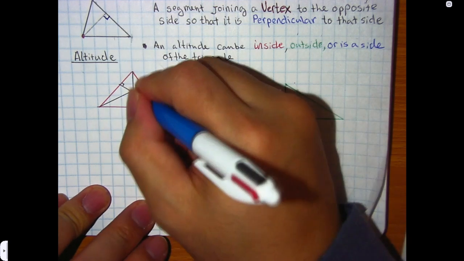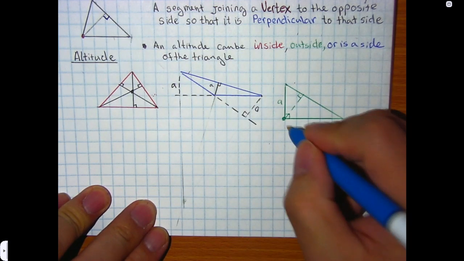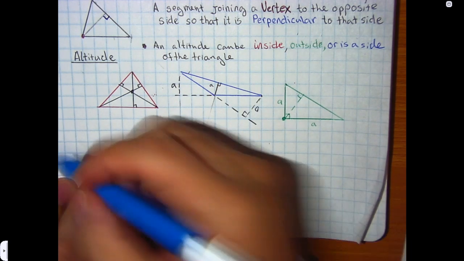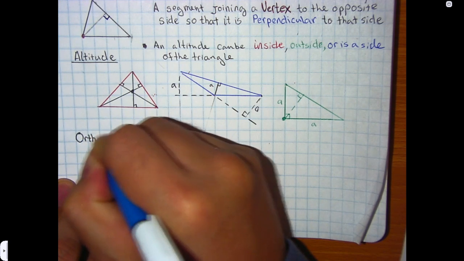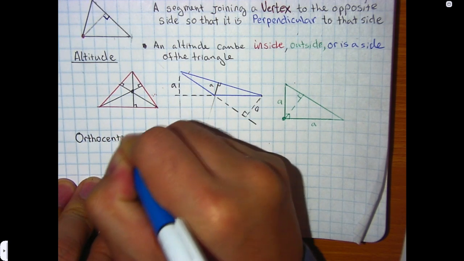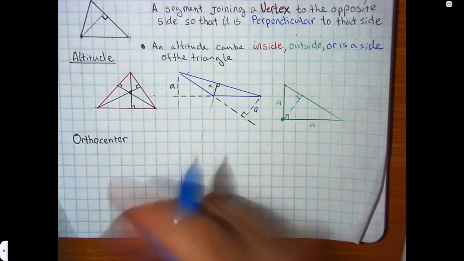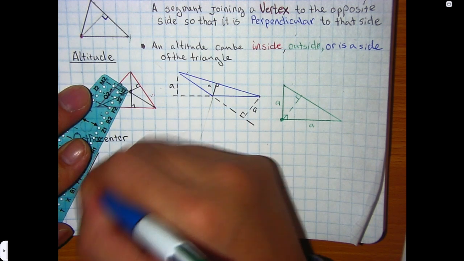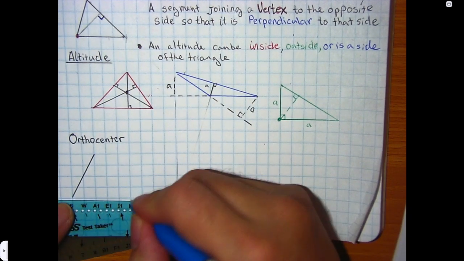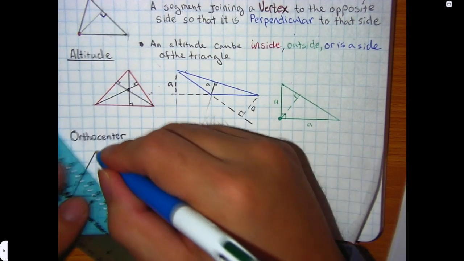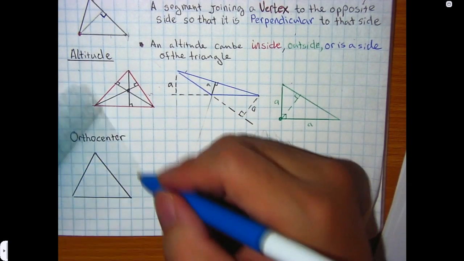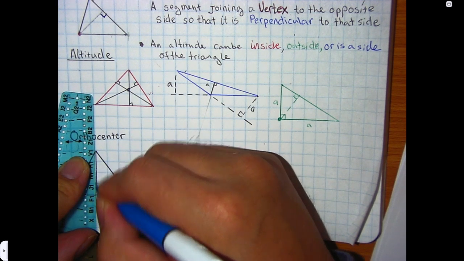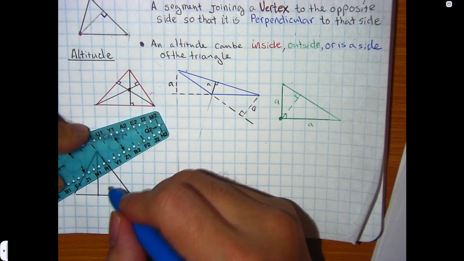And where these altitudes intersect, this is called the orthocenter of the triangle. So let's make a fake one. I'll try to do something similar to what you have in your notes, and connect the dots. Yeah, you have to eyeball.